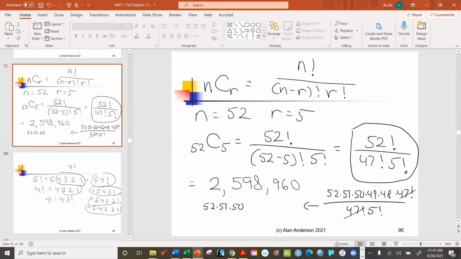Still not easy, but it avoids the need for those gigantic numbers. And 5 factorial is just 120. And this will, in fact, reduce to approximately 2.6 million hands. 2,598,960 hands can be created from a standard deck of cards.